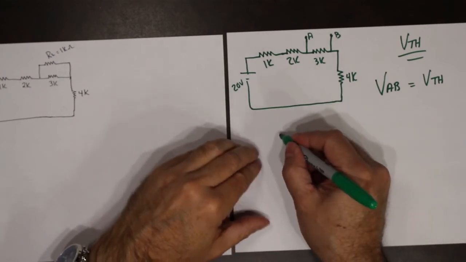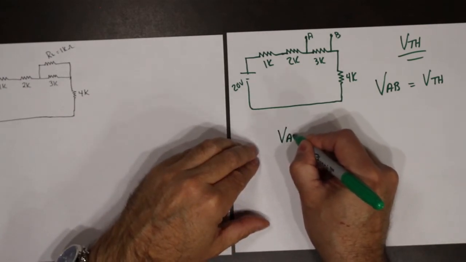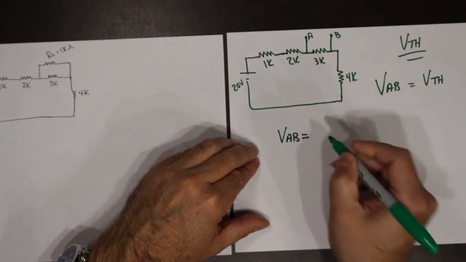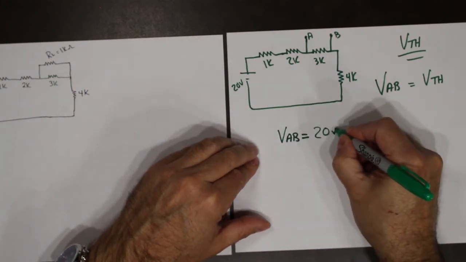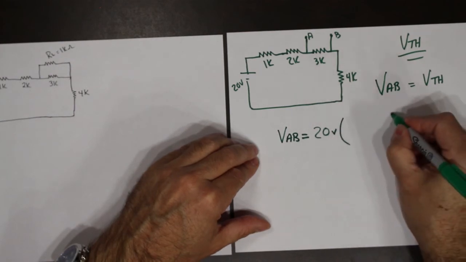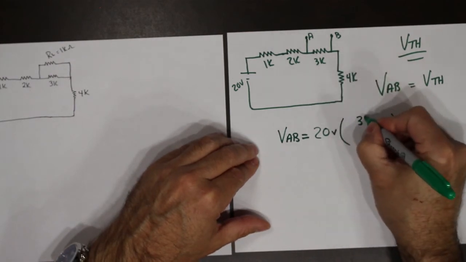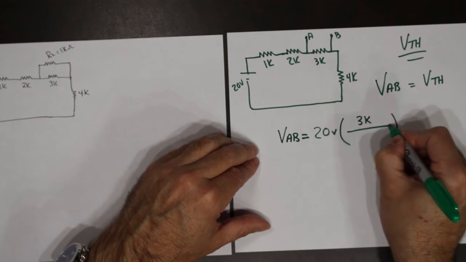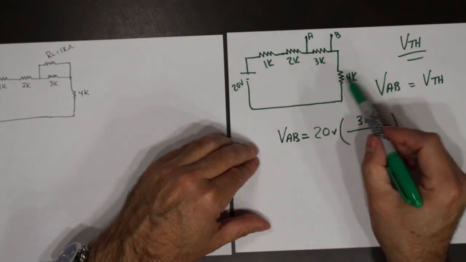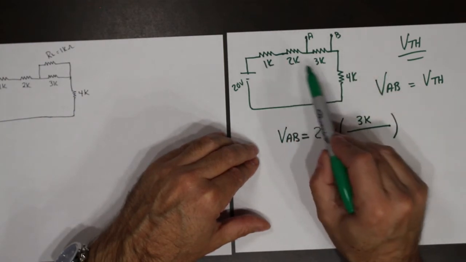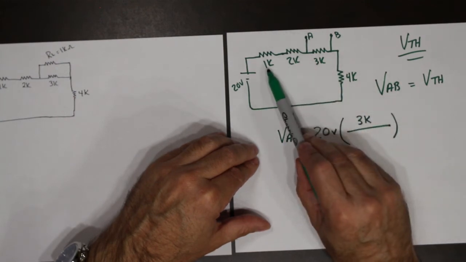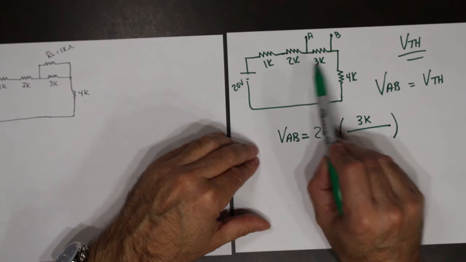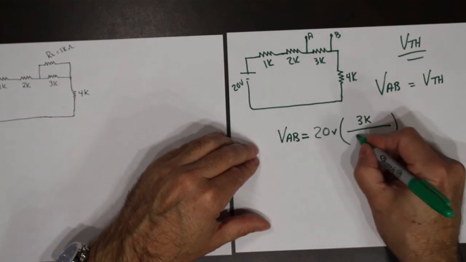So voltage A to B is equal to, and this is the voltage divider formula, 20 volts times 3K divided by whatever the resistance total is. So 1 plus 2 plus 3 plus 4. So that equals 1, 2, 2 is 3, and 3 is 6, and 4 is 10K.